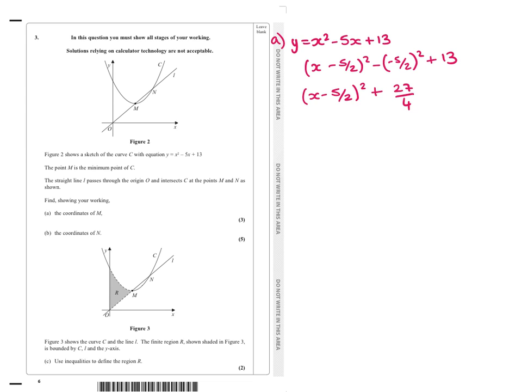Okay, so the coordinates then are going to be 5 over 2, 27 over 4, okay? Now, these are split into a half and a quarter, so we could, if we wanted to, write it in decimals. We can have 2.5 and 6.75.